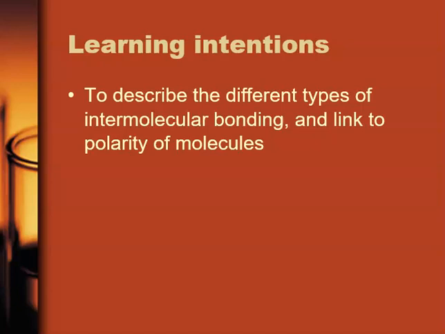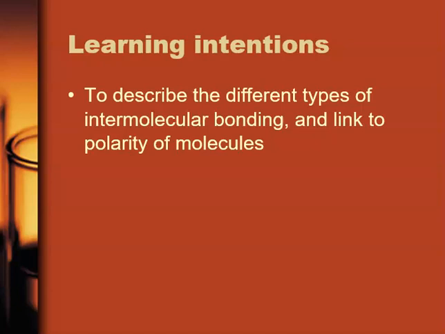Okay, so in year 12, level 2, you will have learnt that there were 4 basic types of bonding that occur between particles in a substance. So you get ionic bonding, which occurs in ionic compounds, metallic bonding, which occurs in metallic compounds. You have covalent bonding, which occurs between the atoms in a giant covalent network.